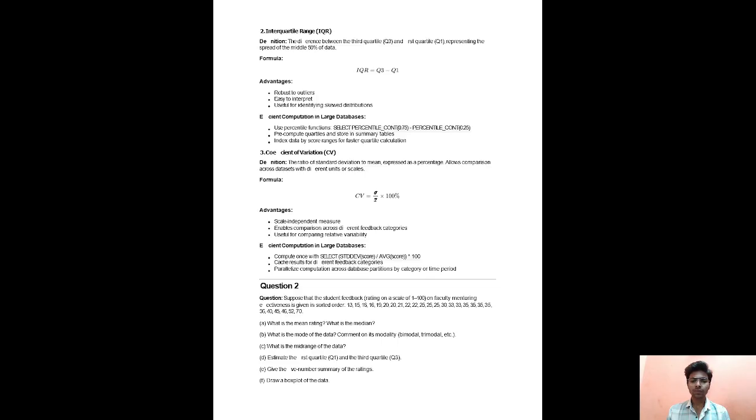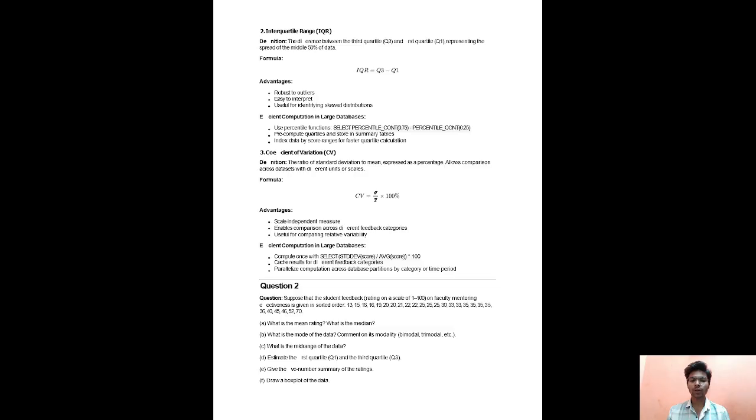B: what is the mode of the data, and comment on its modality: unimodal, bimodal and trimodal. C: what is the mid-range of the data? D: estimate the first quartile, Q1, and the third quartile, Q3. E: give the five-number summary of the rating.